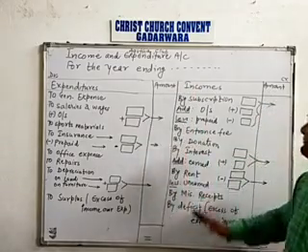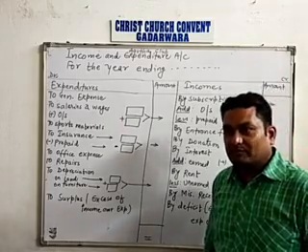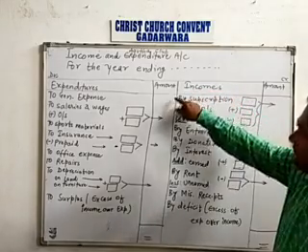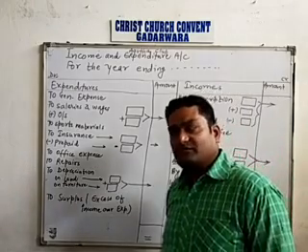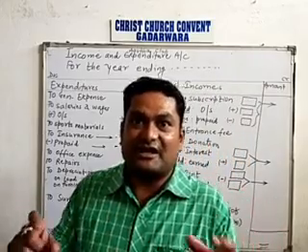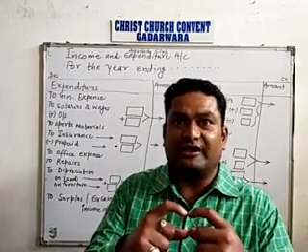Now, income: subscription. This is the main source of income for an NPO, not for profit organization. While you are writing subscription, you notice whether the subscriptions for previous year and next year are given separately or given consolidated with some note.